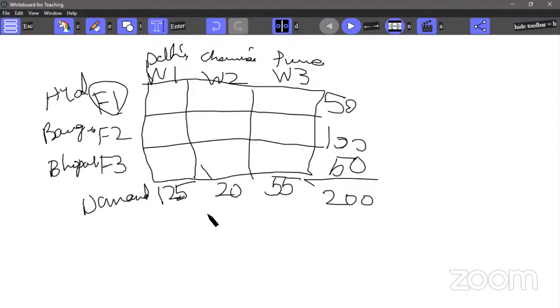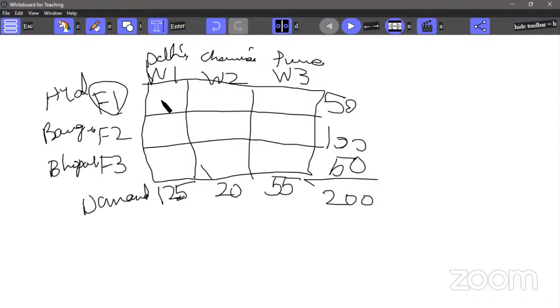So our point is, after solving the problem, we should be able to tell from Hyderabad to Delhi, how many units are you supplying? From Hyderabad to Chennai, how many units are you supplying? From Hyderabad to Pune, how many units are we supplying? This is our typical problem. In this matrix, these cells, from Hyderabad to Delhi, from Hyderabad to Chennai, are known as the individual cells.